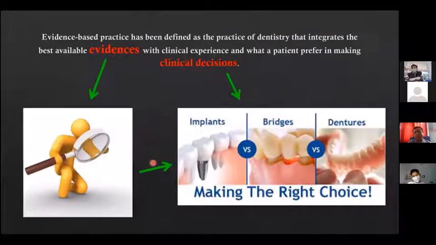Now, the other important parts of the definition are evidences and clinical decisions. Clinical decisions here means the judgments you take for the betterment of the patient. So these judgments should ultimately benefit the patient.